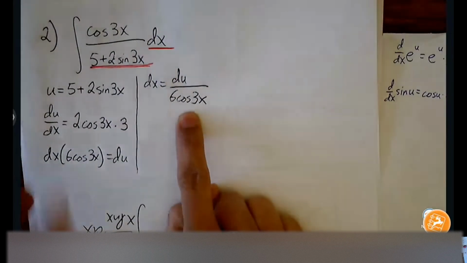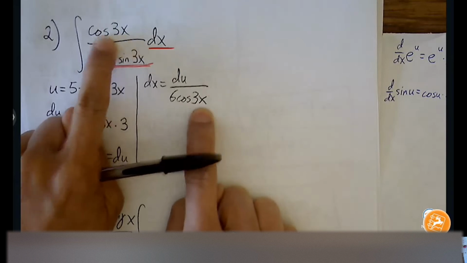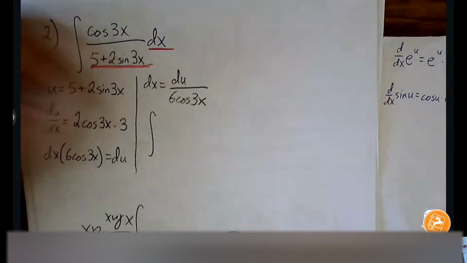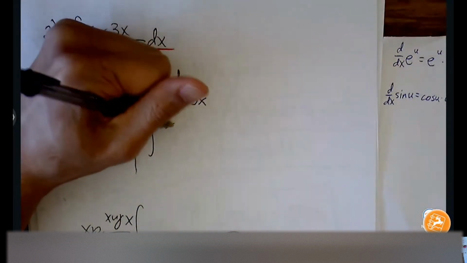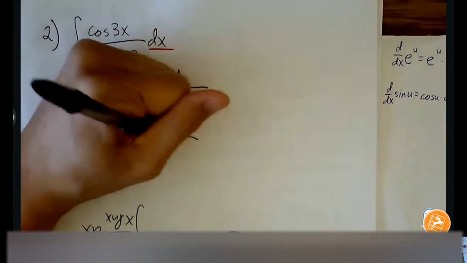All right, that's a good sign. Cosine 3x. We're looking ahead. We should be able to get things to cancel out. Okay.